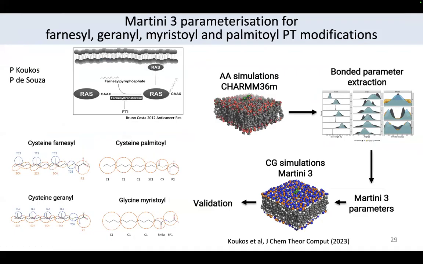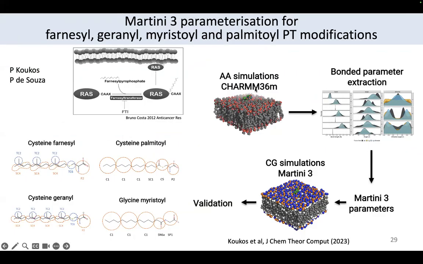And here, to study coarse-grained simulations of KRAS, we had to parameterize one of the structural features of KRAS, which is farnesylation. It's a post-translational modification called farnesylation. Panos Koukos from my lab and our collaborator Paolo De Souza worked on that.